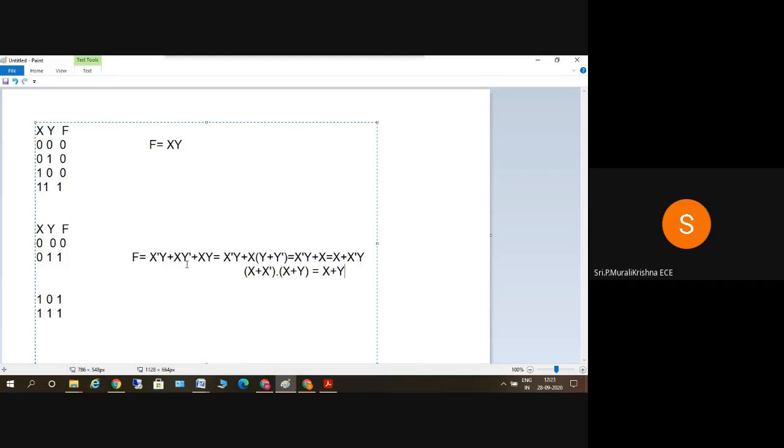For the OR operation, x OR 0 gives x, and x OR 1 gives 1. So the OR operation with 1 will always give a result of 1, and with 0 whatever input we give will be the output. You have to remember the properties of each and every gate.